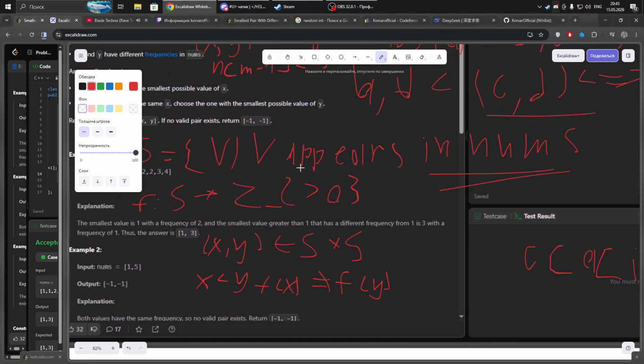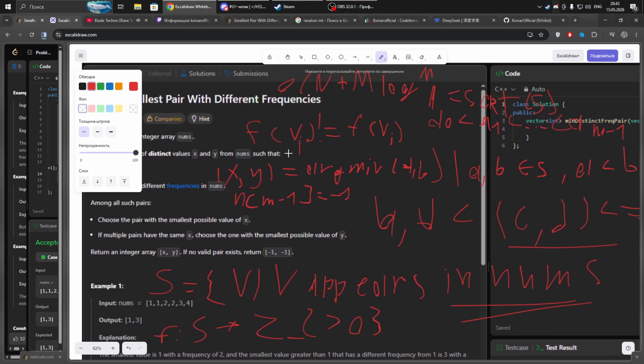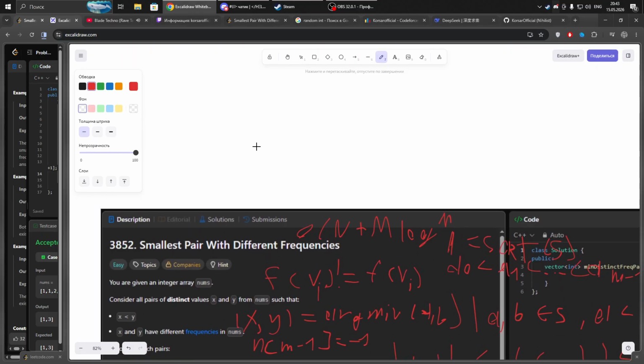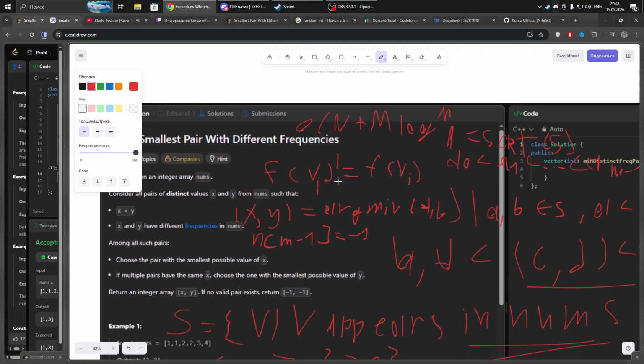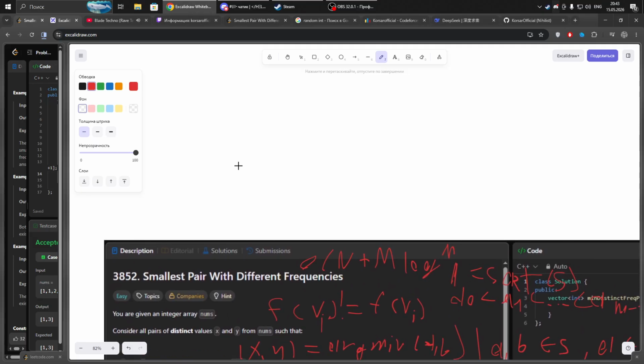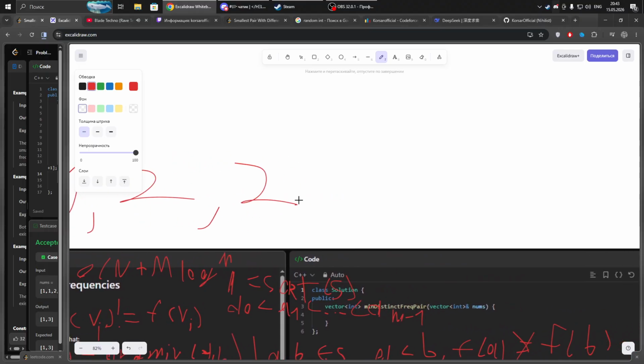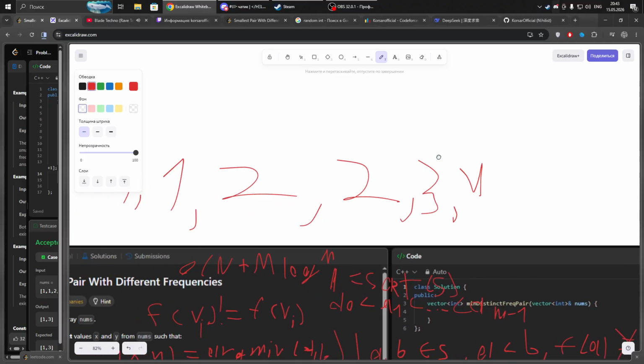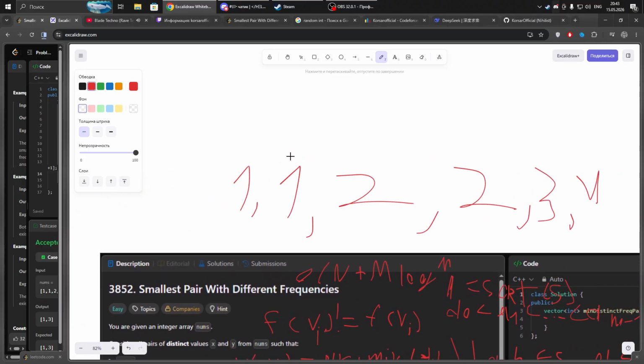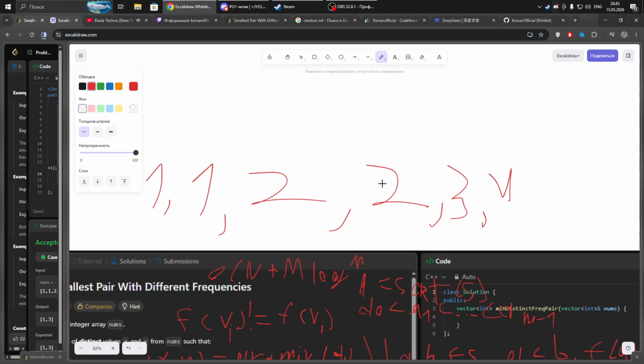So imagine our numbers are toys, alright? You count how many copies of each toy you have. Example: one, one, two, two, three, and four. So one, we got two toys. Two, two toys. Three, one toy. Four, one toy.